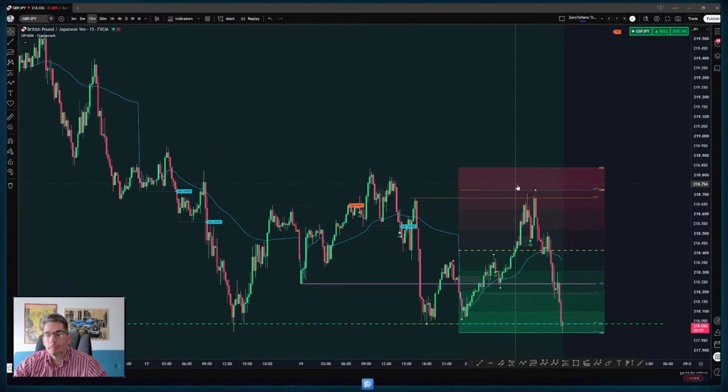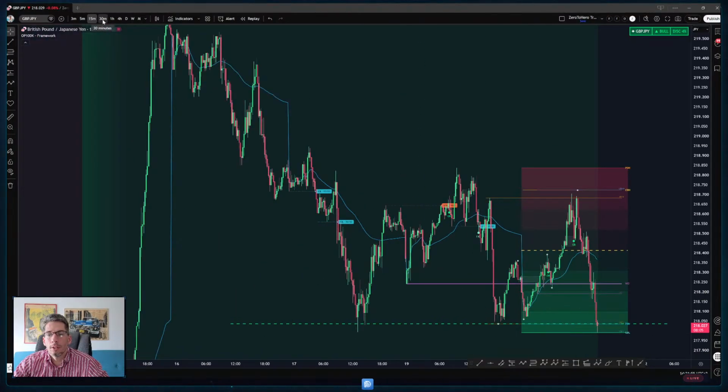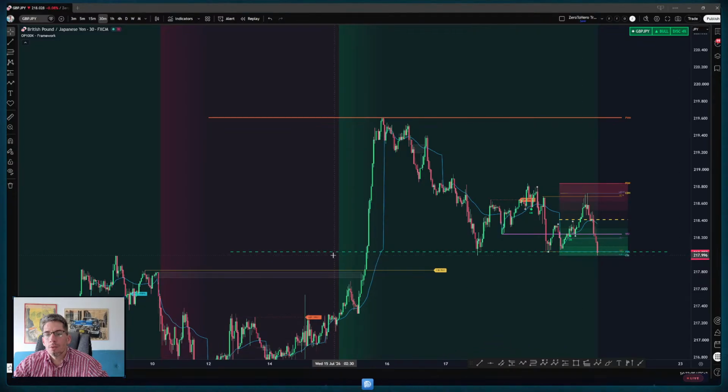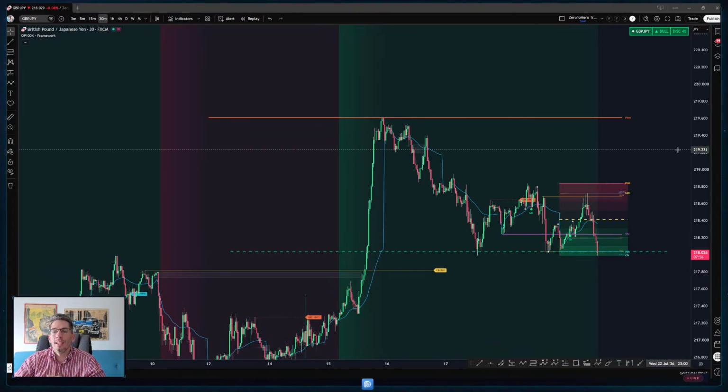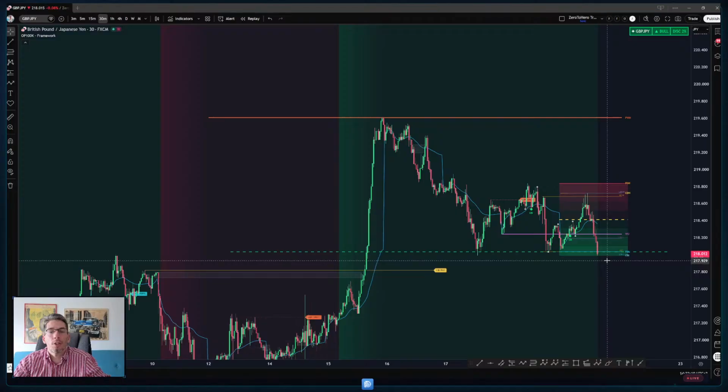Pound yen moved nicely lower. I believe that we will switch to the downside pretty soon, especially since we took this low over here. Pound dollar has been moving nicely, and because of that, we are seeing a stronger bearish reaction here.